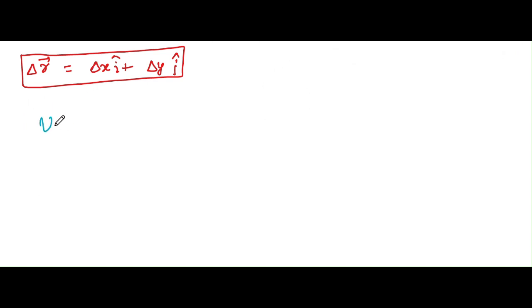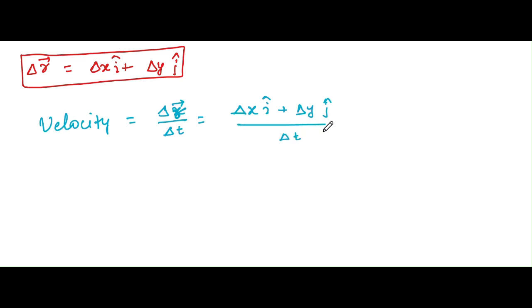So velocity will be displacement divided by time. So this will be delta r, here delta x i cap plus delta y j cap, divided by delta t, or we can write separately delta x by delta t i cap plus delta y by delta t j cap, and in short we can write v equals to, this is x component of velocity vector, and this is y component of velocity vector.